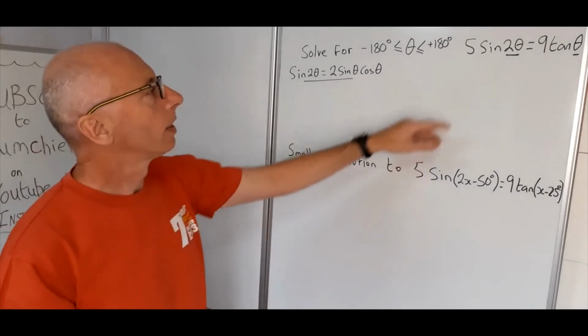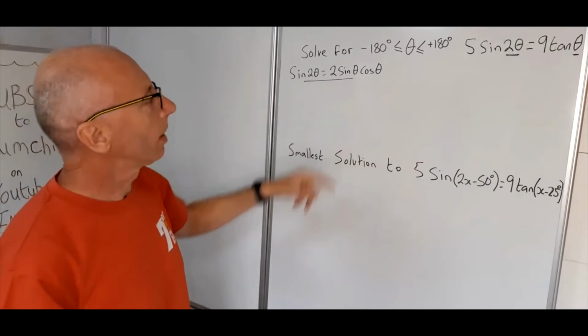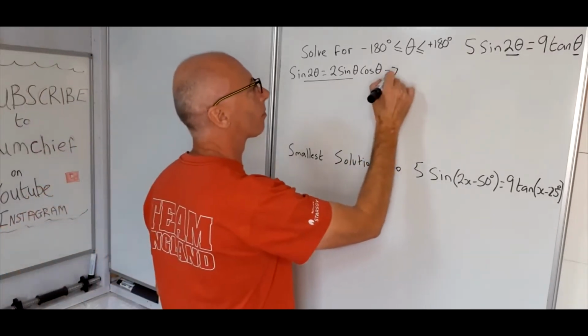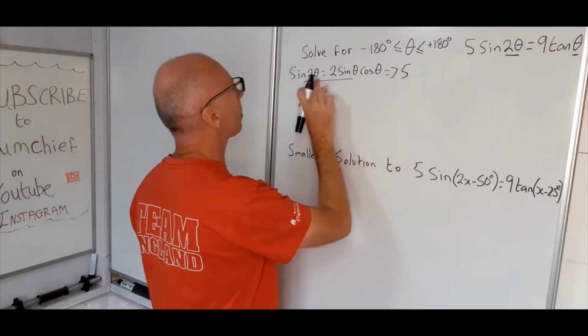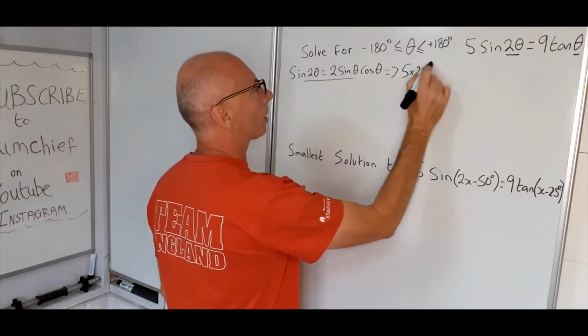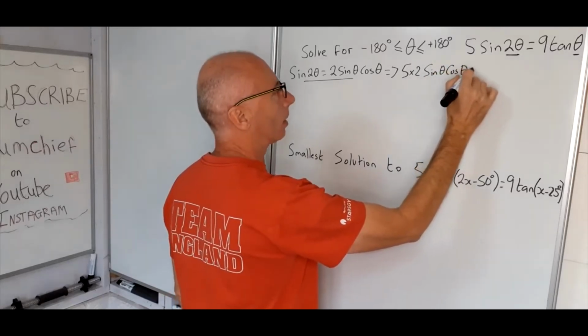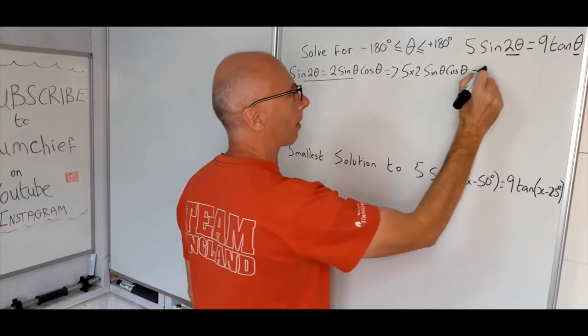Okay, so if we just substitute that in, let's see where that takes us. So now we've got 5 times 2 sine theta cosine theta, and that's still equal to 9 tan theta.